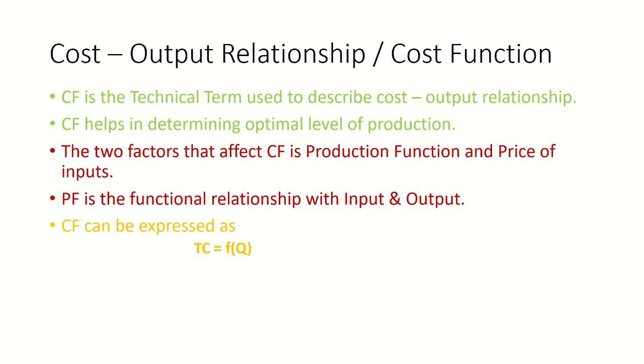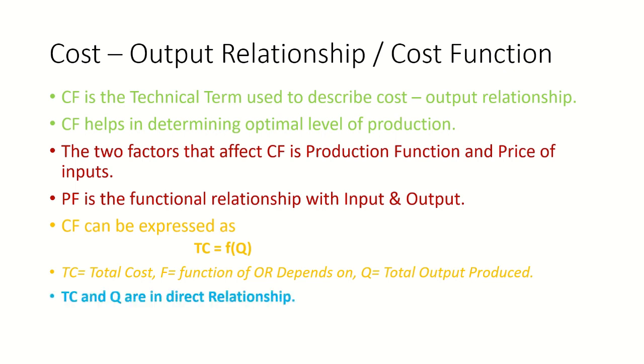But the cost function can be expressed as: total cost is equal to a function of Q. We know about TC: TC means total cost, f means function or depends on, and Q means total output produced. So we can say that the total cost is equal to a function of Q, that is the total output produced. Okay.